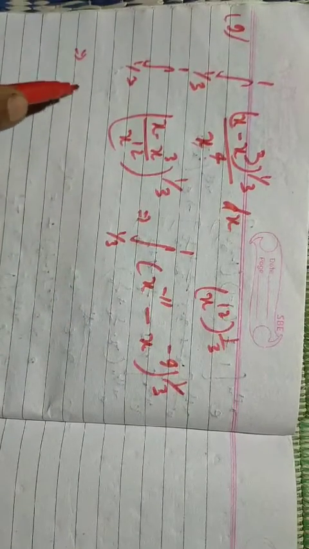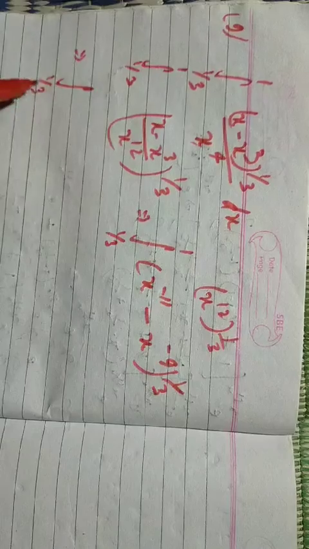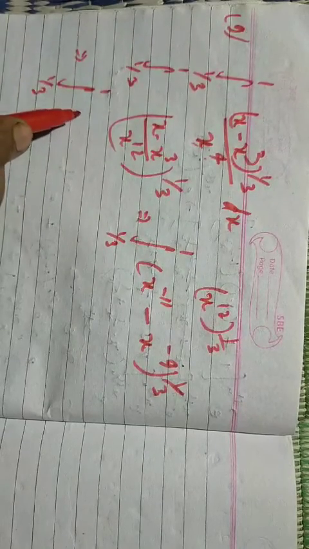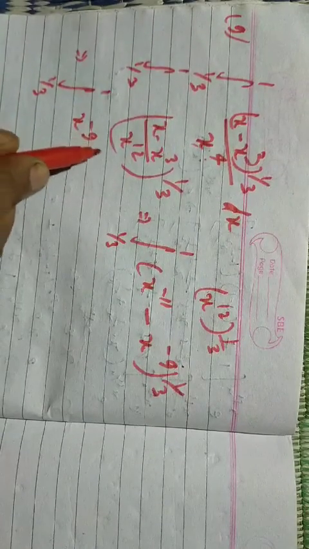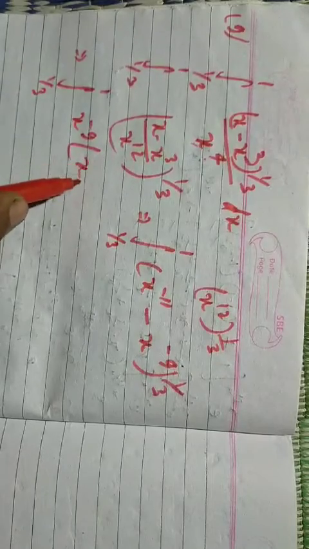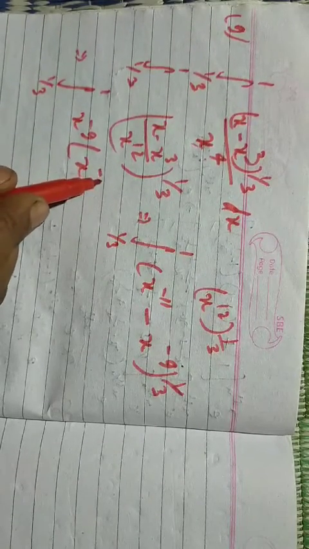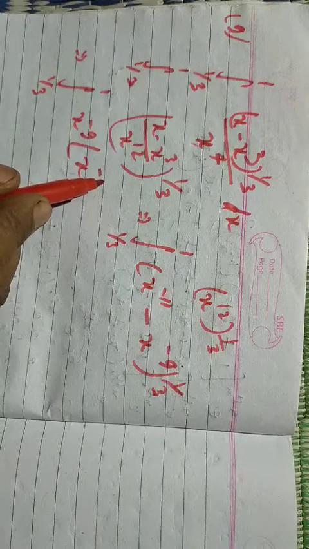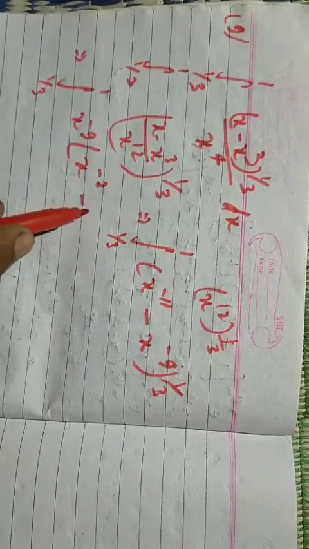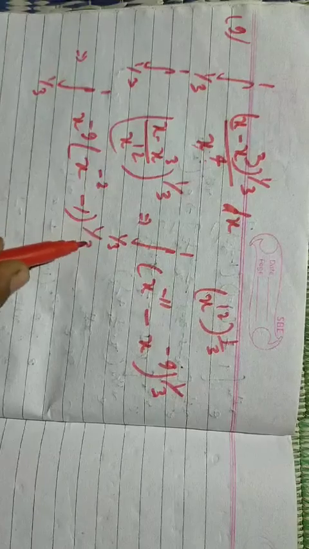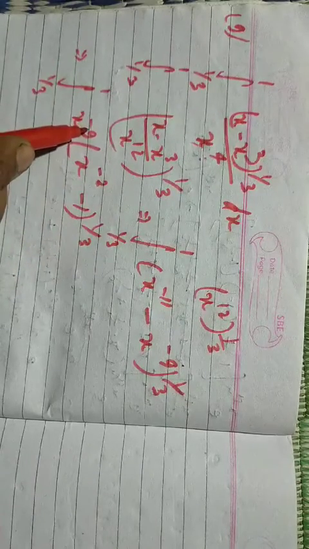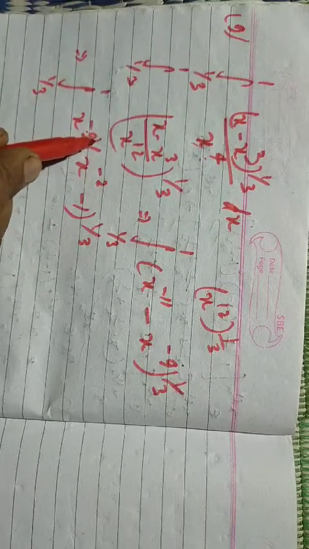See here, 1 by 3 to 1. So x to the power minus 9 I have taken common, and the remaining here is x to the power minus 2 and here minus 1, whole to the power 1 by 3. So here also whole to the power 1 by 3 will be there.